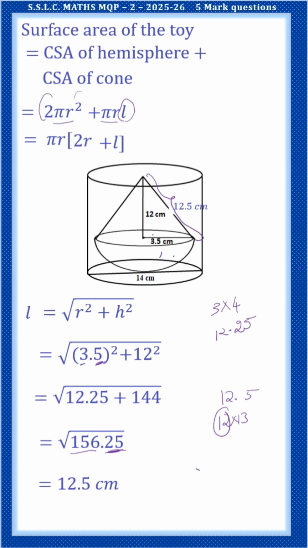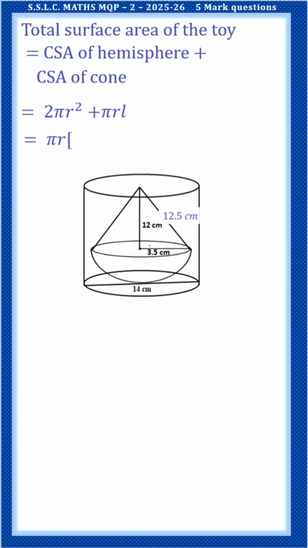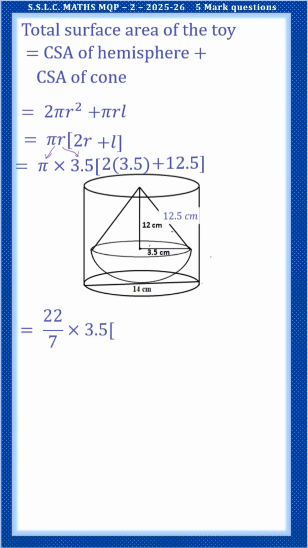Now we are finding the surface area of the toy: pi r into 2r plus l. Let us substitute the values. Let us keep pi as such. Radius is 3.5, 2 into 3.5 plus l. That is equal to, 2 into 3.5 is 7, 12.5 is written as such.